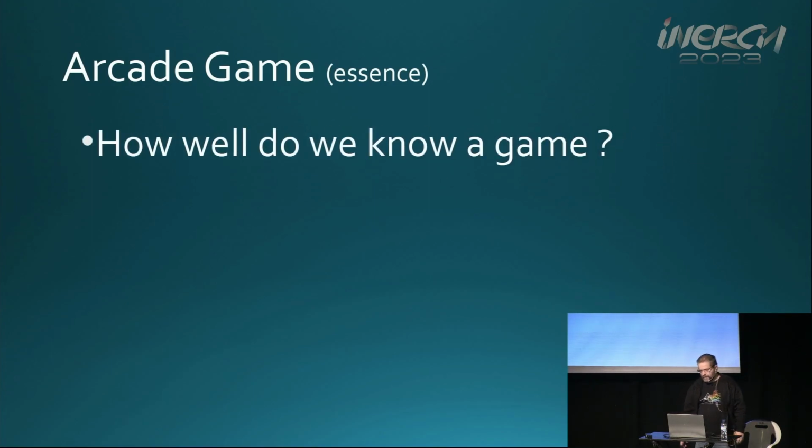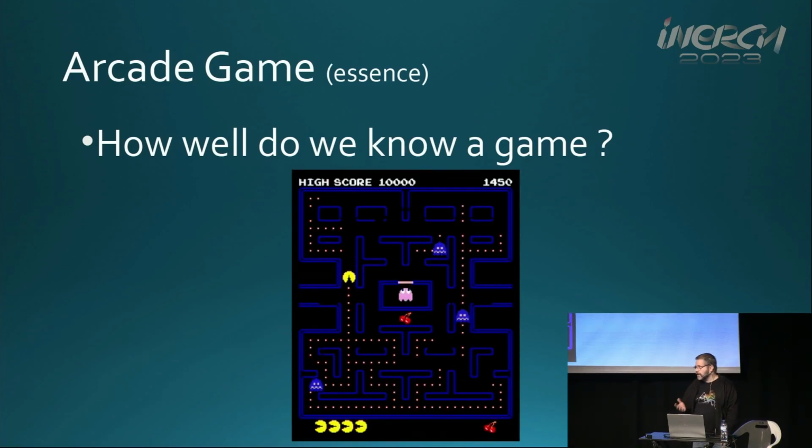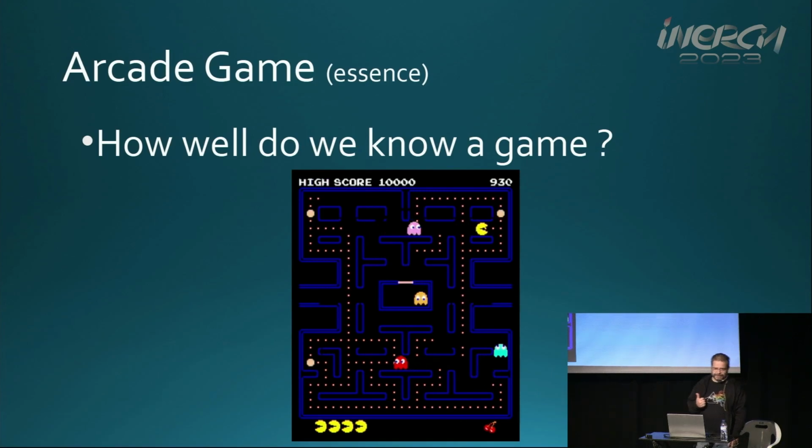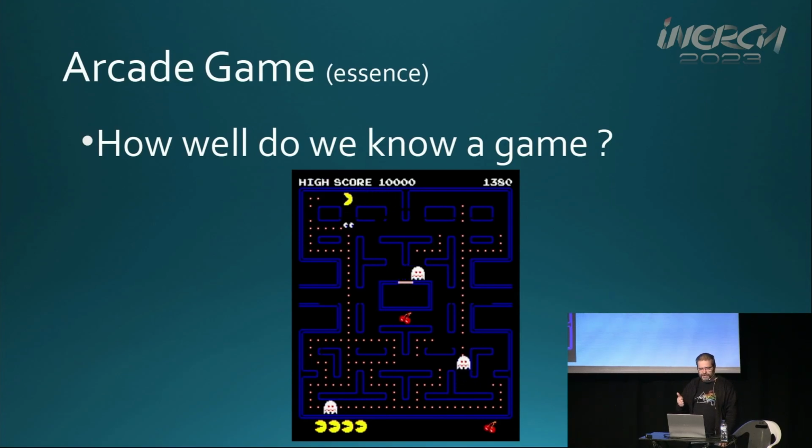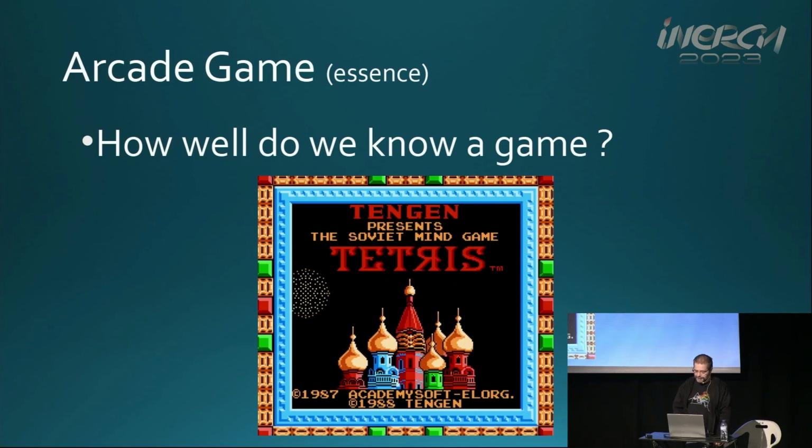Okay, so what is game essence? How well do we know a game? Probably all of you know what this game is, right? But I bet that most of you will not know what's the behavior of each ghost and what's the name of each ghost. So you probably don't know this game as well as you thought you knew, right? So you need to study the game.